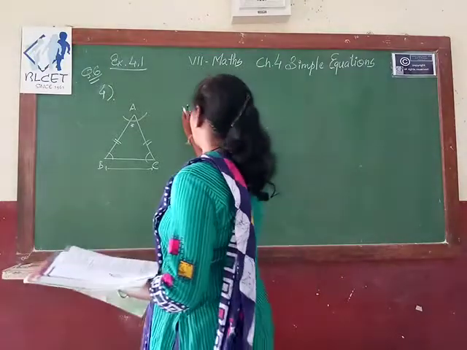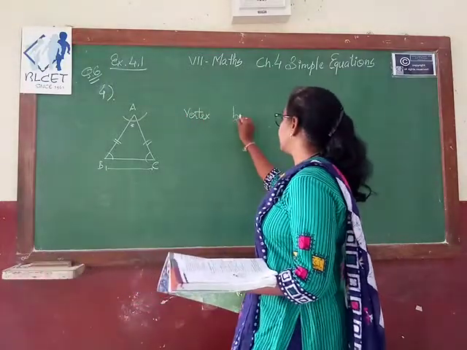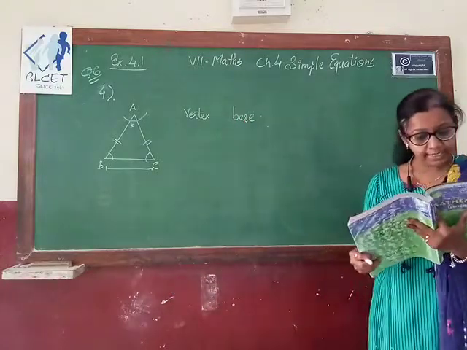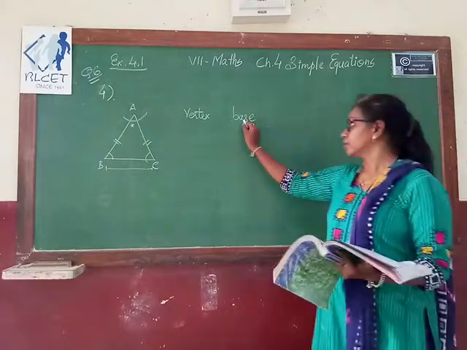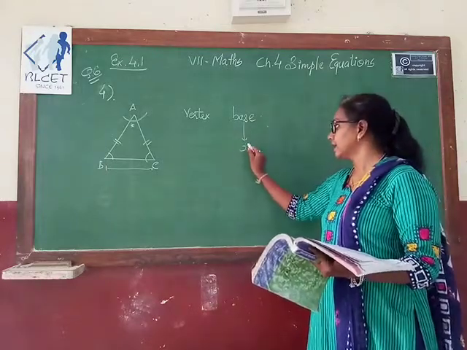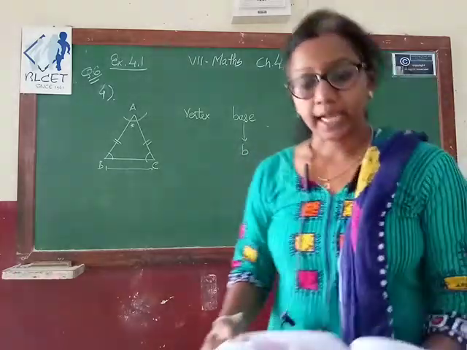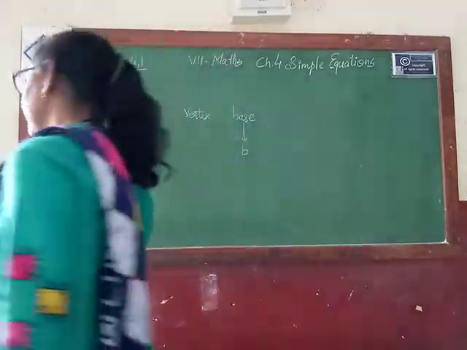So here we have two types of angles, vertex angle and base angle. Now what is given? The vertex angle is twice either base angle. So we can consider the base angle as B, which is already given. And the vertex angle is twice either base angle.